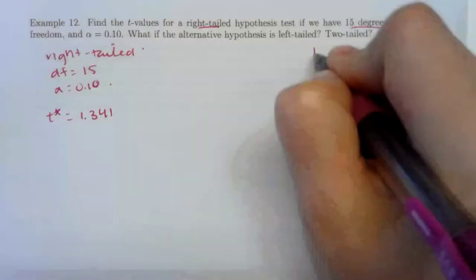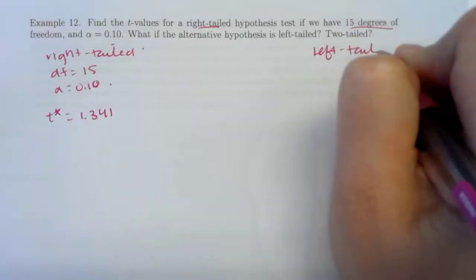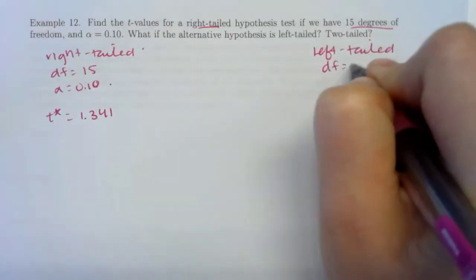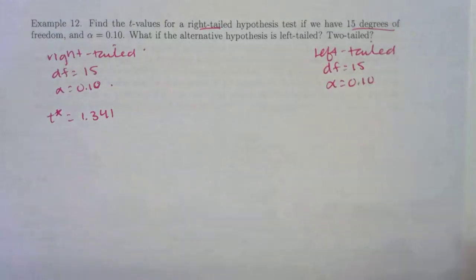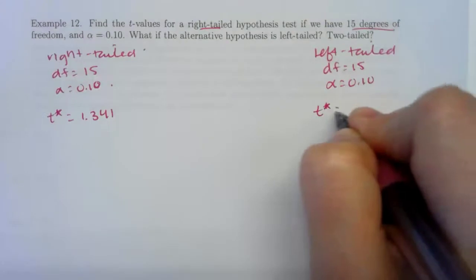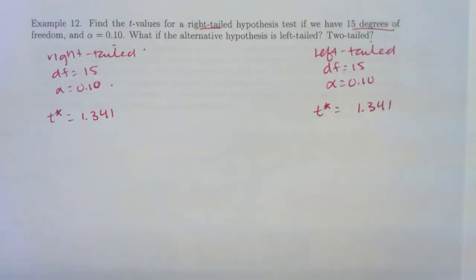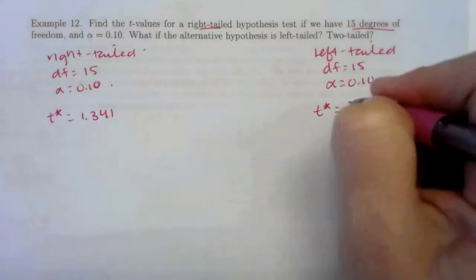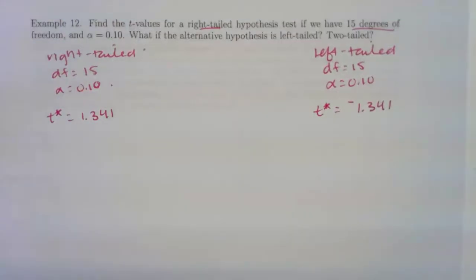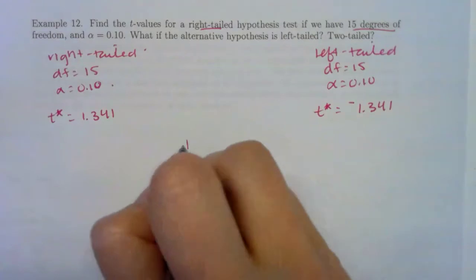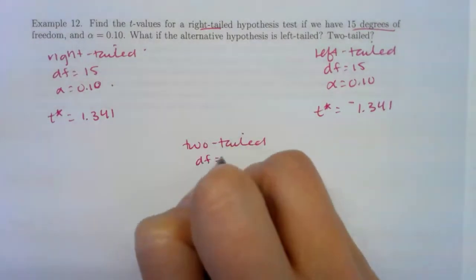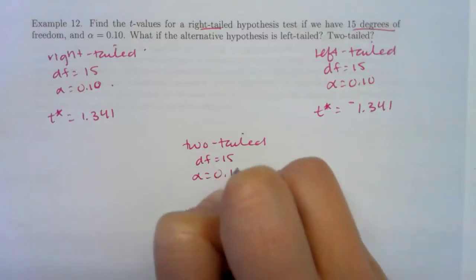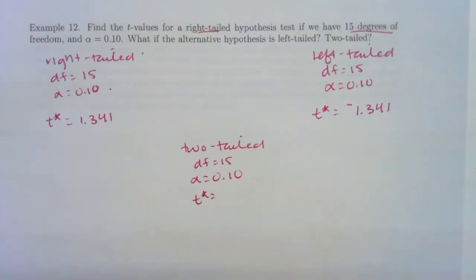But if we changed things up just a little bit and said our DF is the same, our alpha is the same, but now we're looking at a left-tailed test, you're going to look up this same number in the table, but because it's left-tailed, you need to make sure you add on that negative sign. And then lastly, a two-tailed test, 15 degrees of freedom, alpha is 0.1.